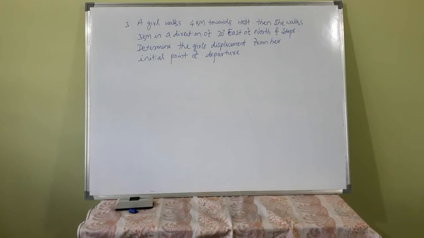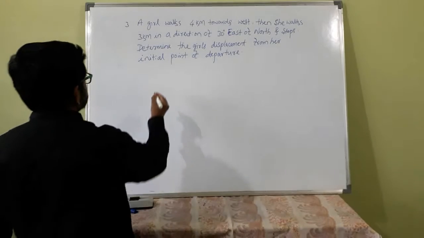A girl walks 4 km towards west. Then she walks 3 km in a direction of 30 degree east of north and stops. Determine the girl's displacement from her initial point of departure. First, let us draw the diagram.